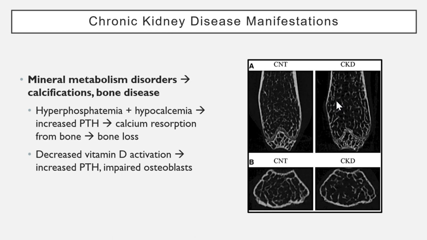There are also mineral metabolism disorders, the calcification of bone and bone disease. Right, so calcium is just another one of these ions that is regulated by the kidney. Whenever you don't have proper amounts of calcium, your bones, and we'll learn this later in the semester, go through constant modification.